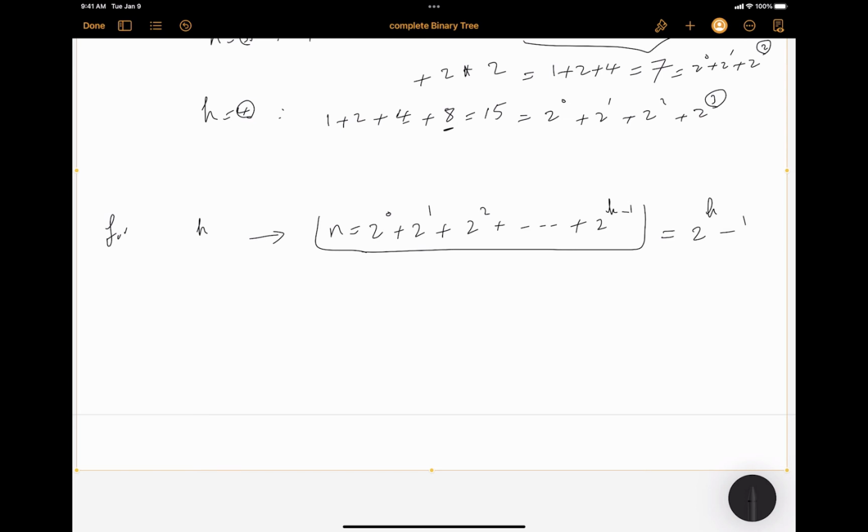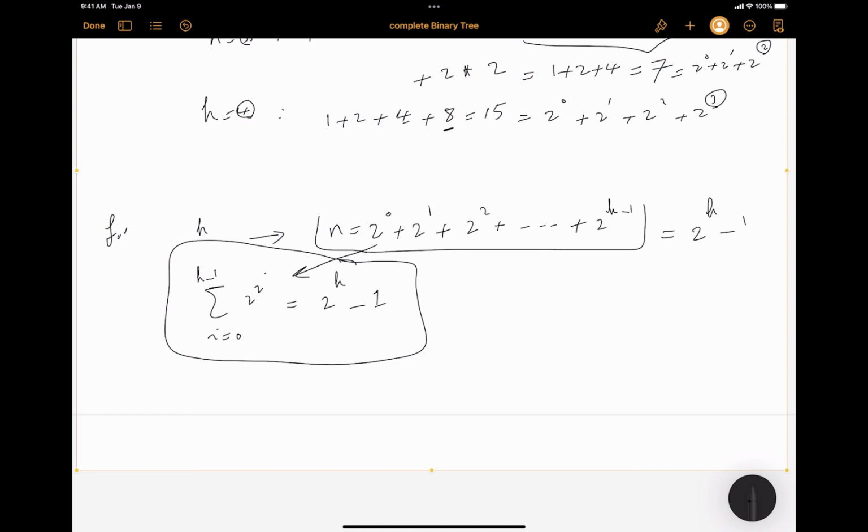I'm going to simplify the way that we are writing this by using the sigma notation. Let's use i as an index. So the sum from i equal to 0 up to h minus 1 of 2 to the power i should be equal to 2 to the power h minus 1. Let's prove this together using proof by induction.